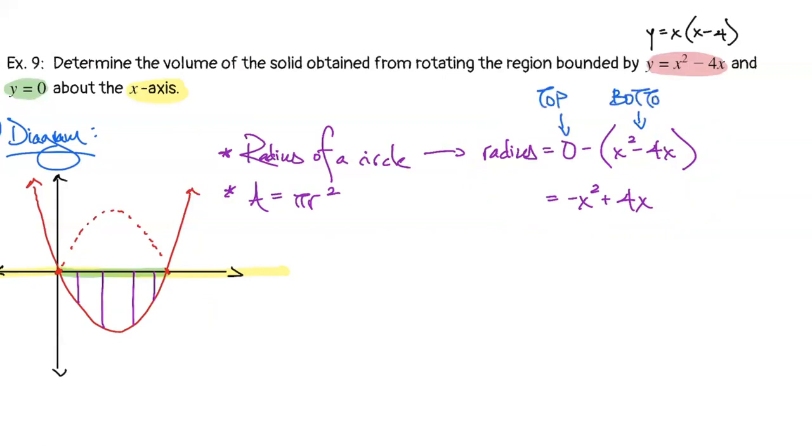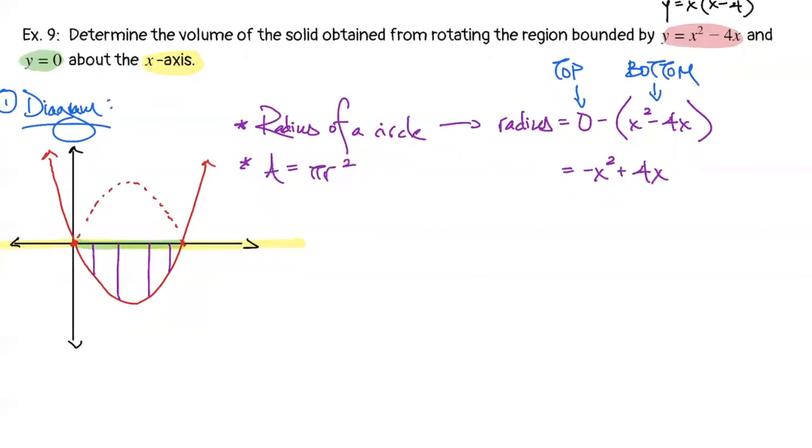This is the bottom function. And that is true when we have any sort of pair of functions: we want to do top function minus the bottom function. Or if it's a dy situation, right function minus left function. Okay.